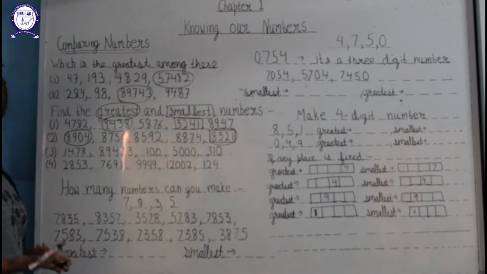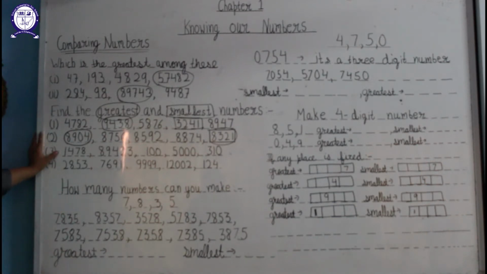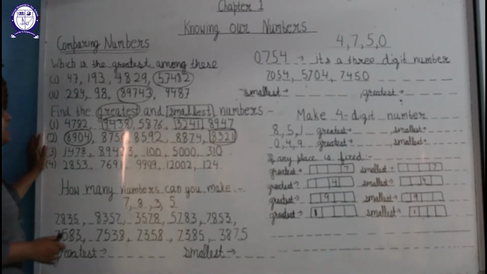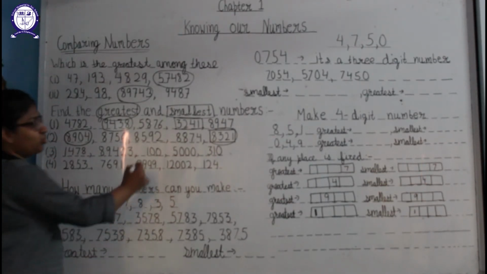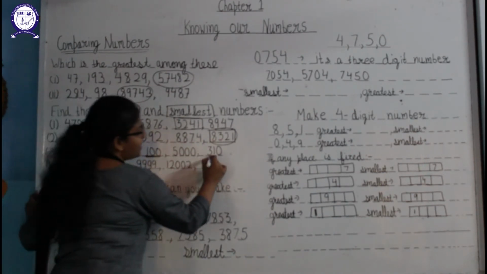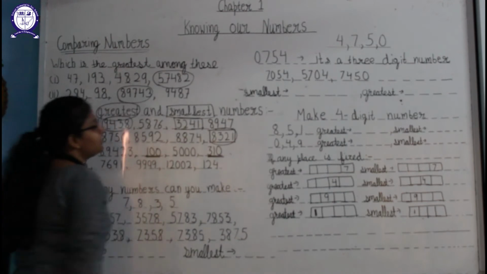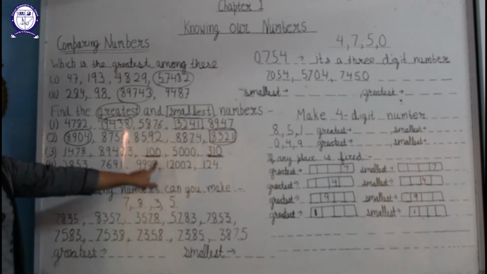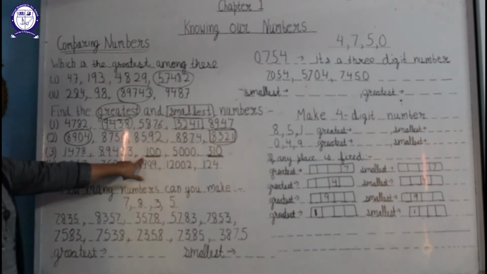So which will be the smallest number? The 3-digit number, because we can't see any 2-digit or 1-digit number. Here we can see two 3-digit numbers, which are 100 and 310. From these we can easily say that 100 is the smallest one.